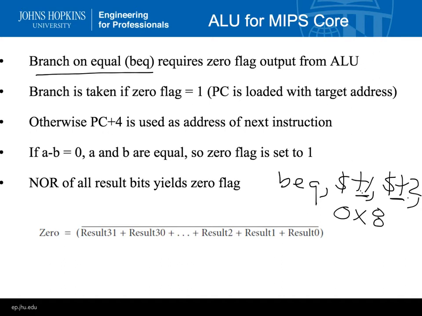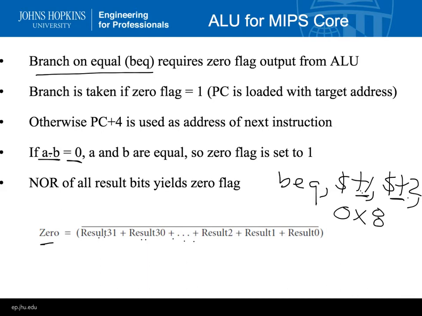So all we need to do is an A minus B and check that all of the bits are equal to 0. So if everything is equal to 0, so this is not 31 or 30 or 29, 28. If they're all 0, this is going to be true, because this is not that one or that one or that one and so on.